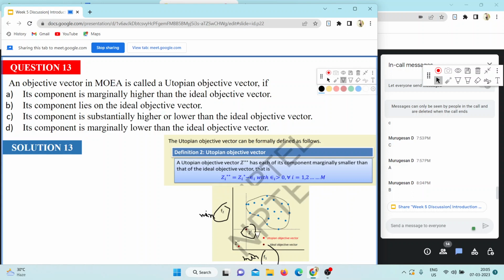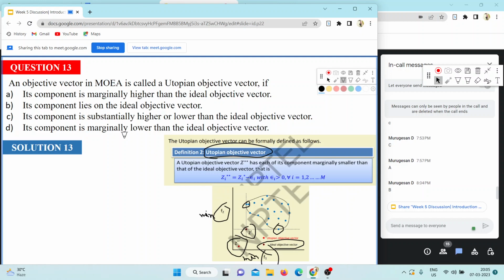So ideally our objective vector should be about here, but actually we are getting these two points. The minimum imaginary line that passes parallel to the y-axis, as well as the minimum imaginary line that passes parallel to the x-axis and intersects our search space, that point is known as the ideal objective point. And the concept of the utopian objective vector is that the point should be less than our ideal objective vector.